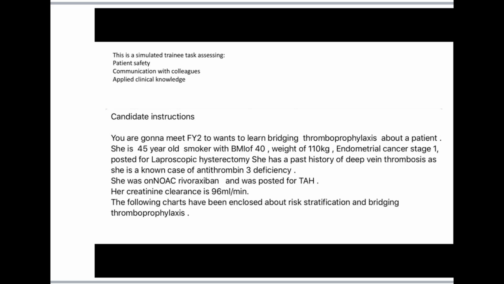So how do we monitor if warfarin is giving its effect or not? By frequently measuring the INR level. What are the new oral anticoagulants and how do they work? We call them direct oral anticoagulants, like rivaroxaban, which is in our case today, or apixaban.